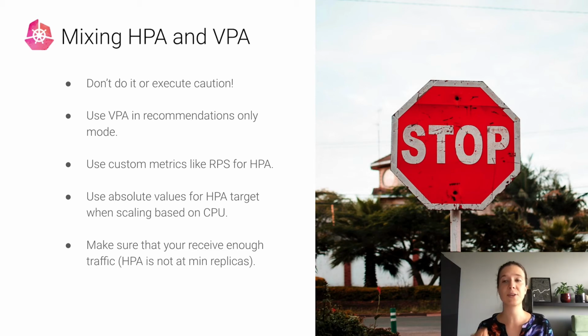So it should never be at minimum number of replicas for extended periods of time. Now, in this setup, switching vertical pod autoscaler to auto mode is a bit risky, and it shouldn't be done without deeper understanding of both HPA, VPA, and understanding your workload characteristics. So if you want to do it, we recommend extensive testing beforehand.